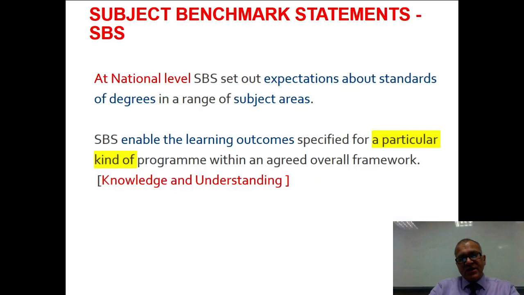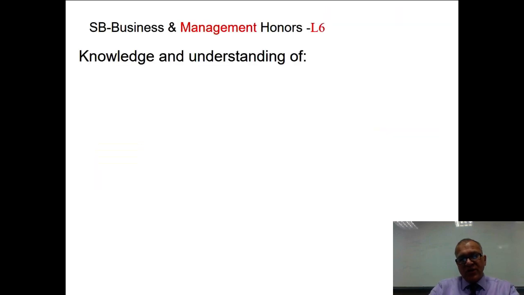There's one more external benchmark which you are supposed to use, known as the national level subject benchmark statements. What are subject statements? These are statements which decide a particular learning outcome suitable for a particular program. For instance, if somebody is doing a BA business degree, what is the requirement throughout all universities in the UK?